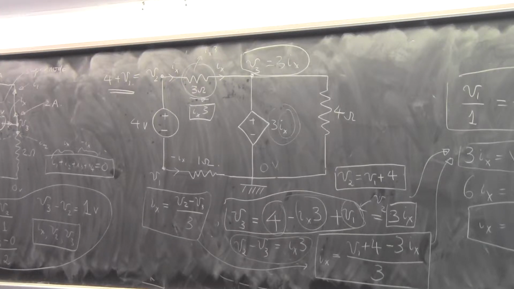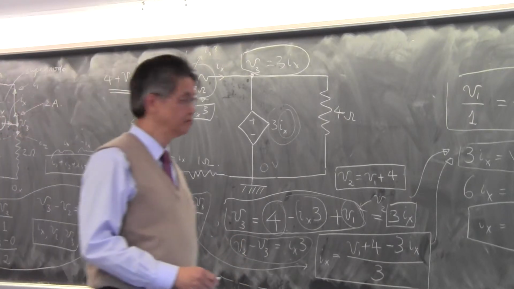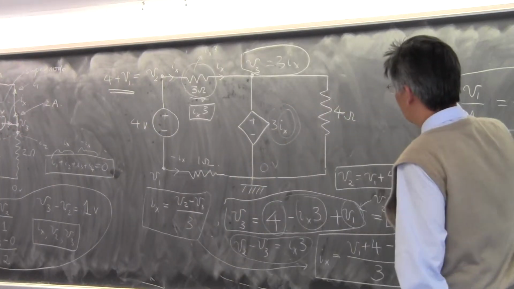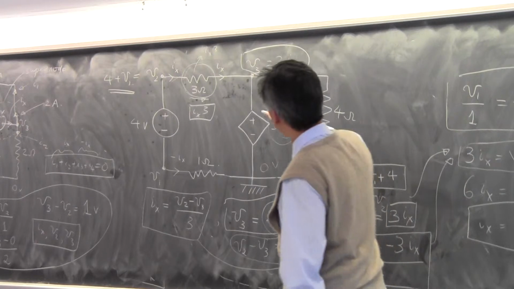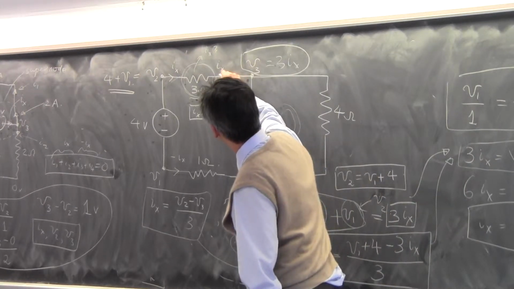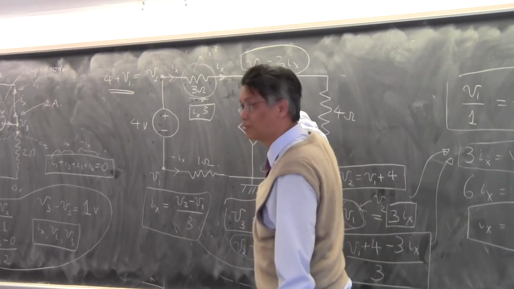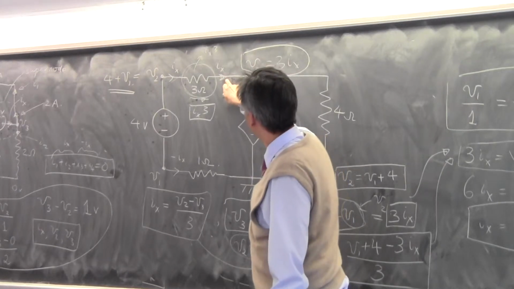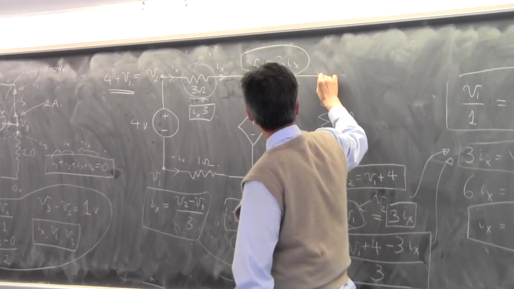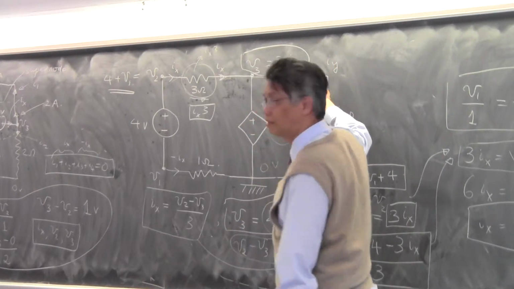You're calculating the current and the thing over there and not the one for the 4 ohm resistor. Because this is a very strange circuit, this current controls the voltage drop here. Once this current controls the voltage drop, it doesn't matter what Iy is.